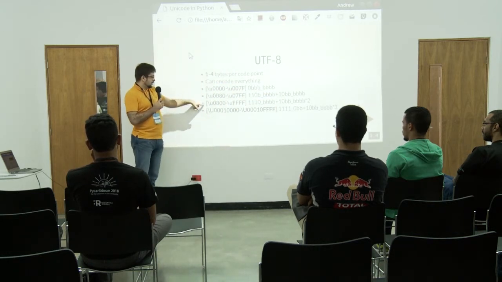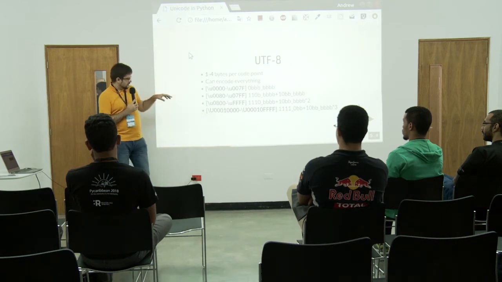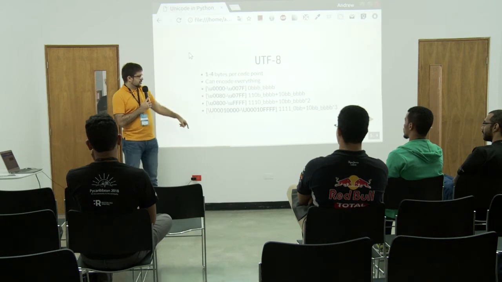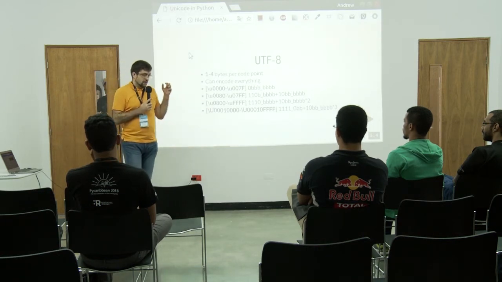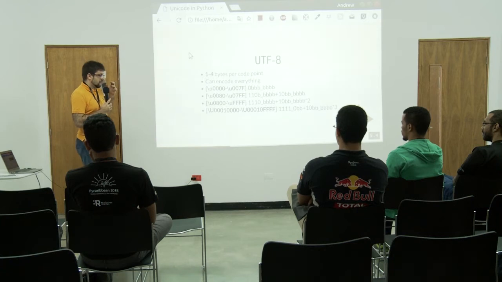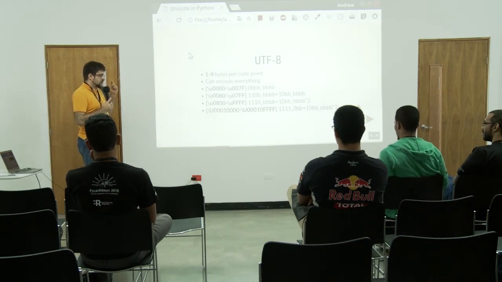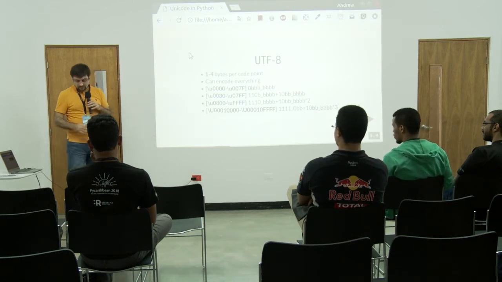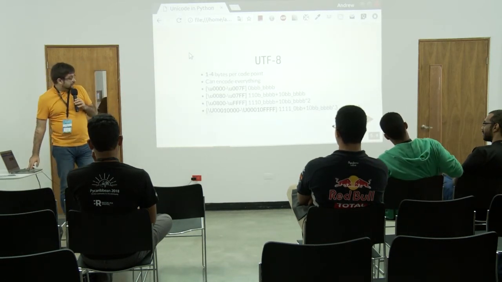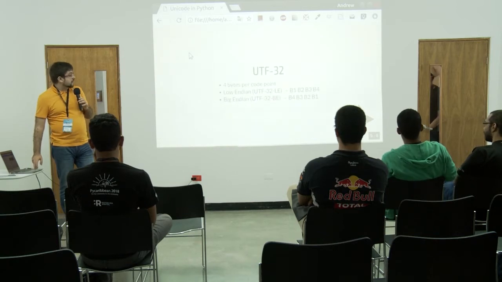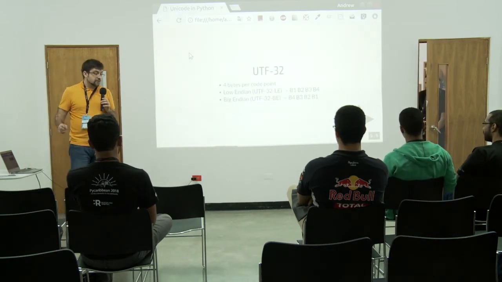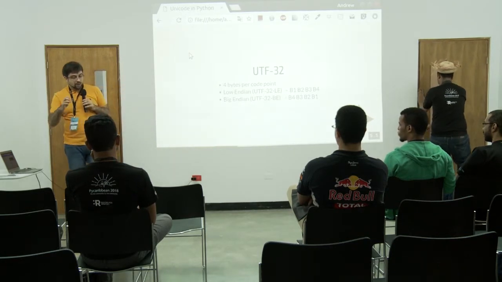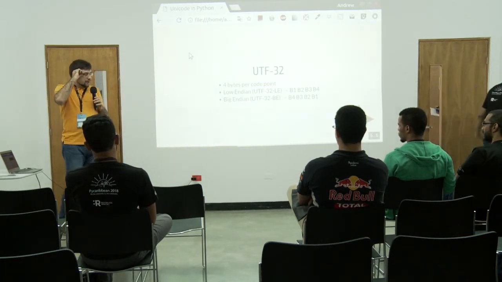One range is used mostly for Chinese symbols, and the last set is for modern additions, the latest additions. So you should remember, UTF-8 is for saving all available symbols.